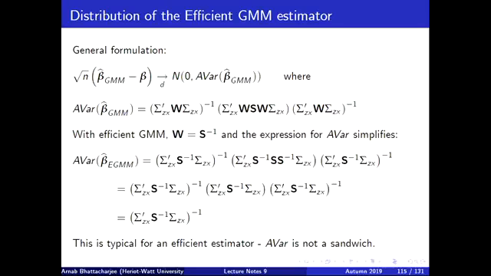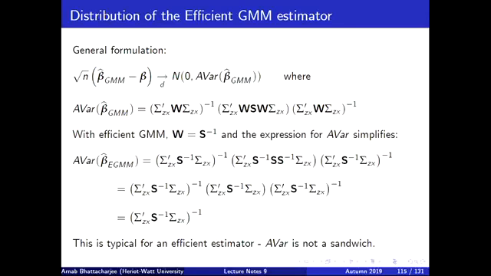Once you have obtained your first stage GMM, you compute your residuals, then the moment conditions, and you can compute the covariance matrix of the moment conditions. You can robustify it using various things, heteroscedasticity consistent, cluster robust, HAC, whatever is appropriate in a particular situation. But anyway, you can find an estimator of this. And once you have done that, you know what to substitute. So that is a feasible efficient GMM.